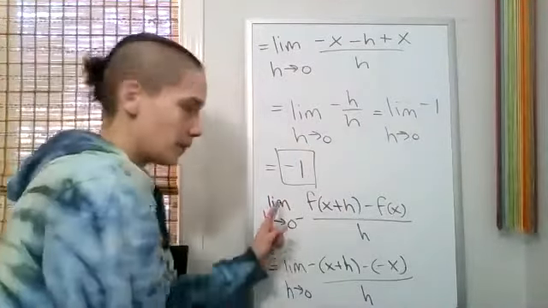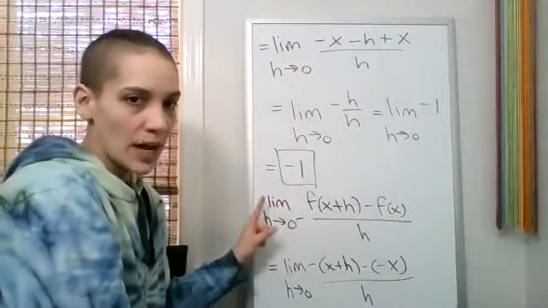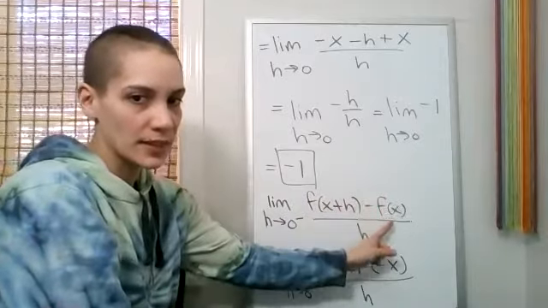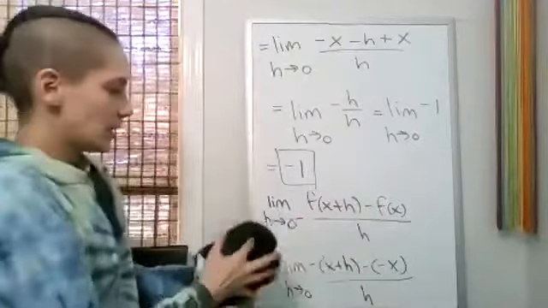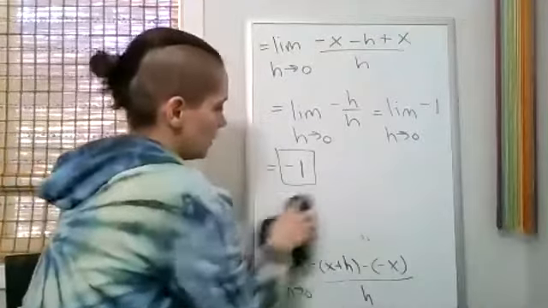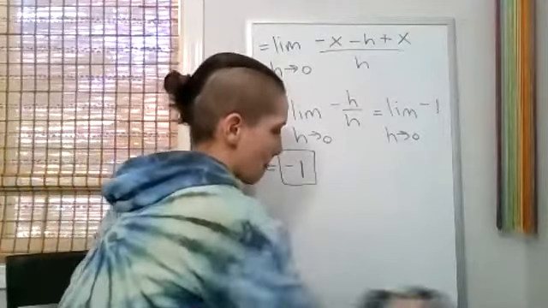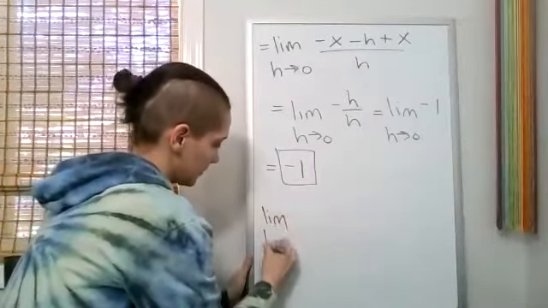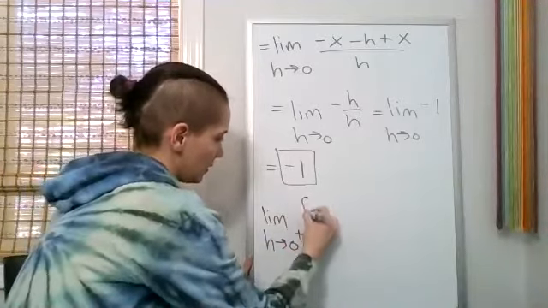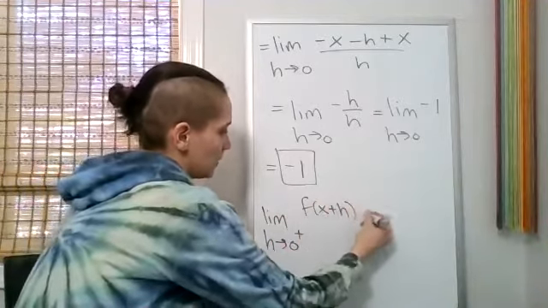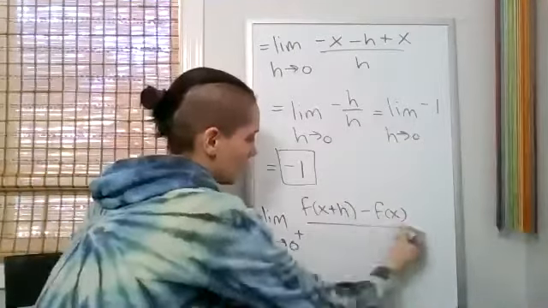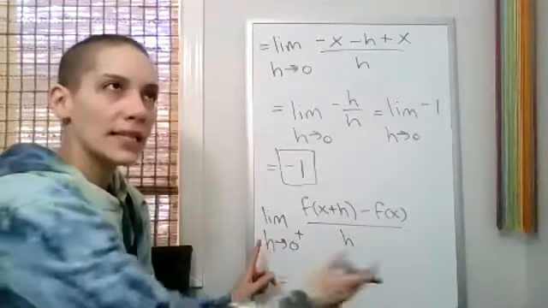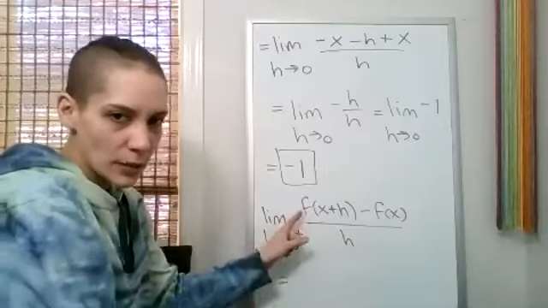Okay, so just to start over, we're going to have the limit of h going to 0 from the right of f of x plus h minus f of x over h. This is some number on the right side of 0, some positive h, and also a positive x.